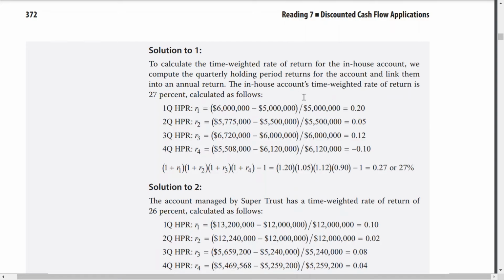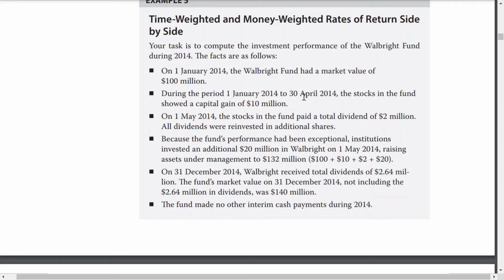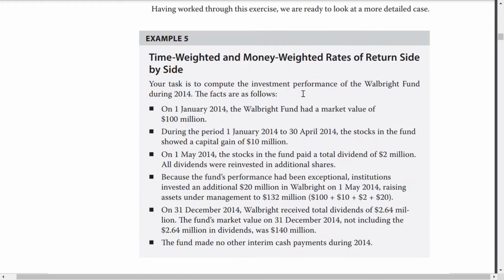Okay. Example 5, time-weighted and money-weighted rates of return side by side. Your task is to compute the investment performance of the Wellbright Fund during 2014. The facts are as follows. On 1st of January 2014, the Wellbright Fund had a market value of 100 million.